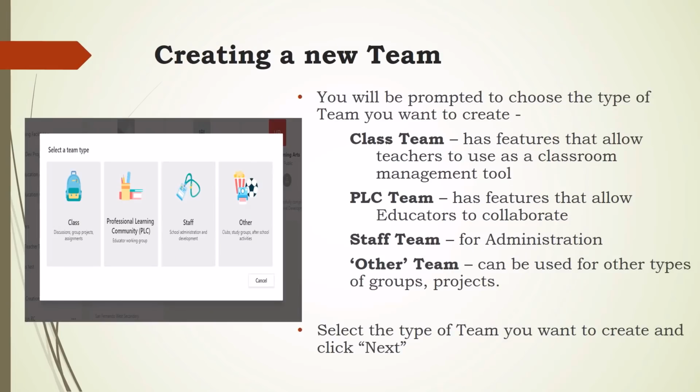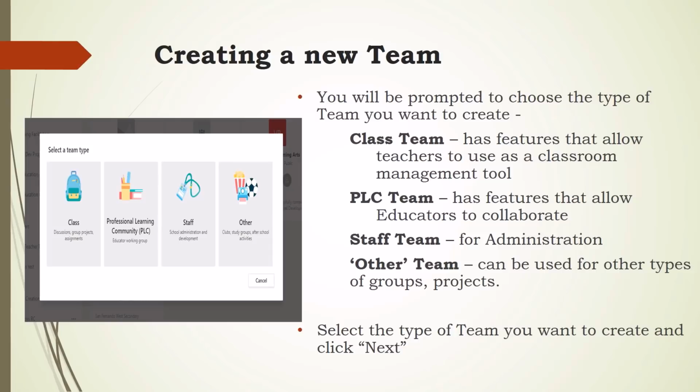When you have selected the Create Team option, you will then be prompted to choose the type of team you want to create. As was stated before, Teams has the ability to create different types of teams. We can have a class team, which contains features that allow teachers to use this as a classroom management tool.